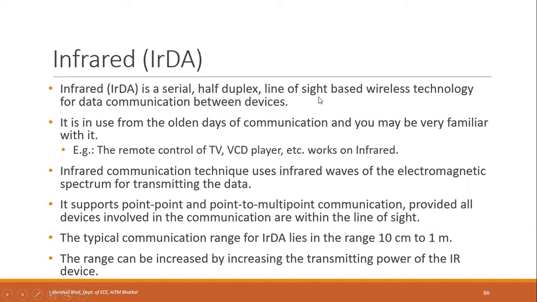So what do you mean by infrared waves? The light spectrum. What are the colors that are visible? VIBGYOR, right? Violet, indigo, blue, green, yellow, orange, red. Which of these has the highest frequency?